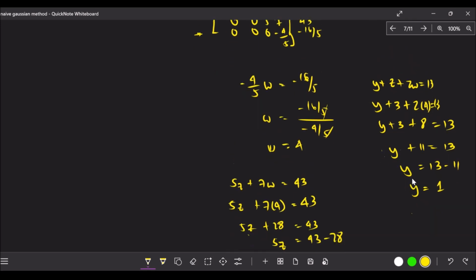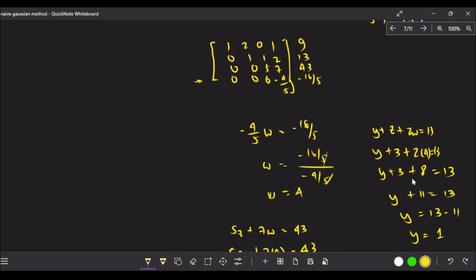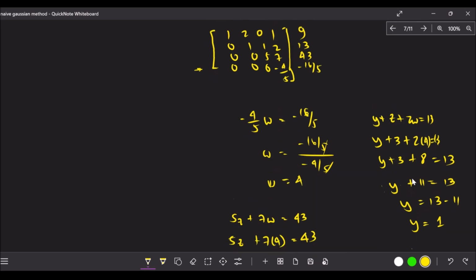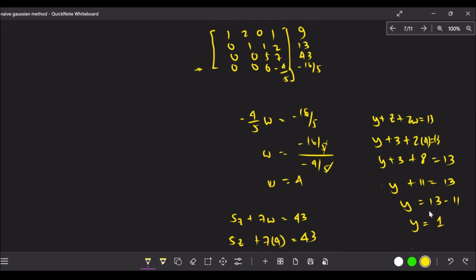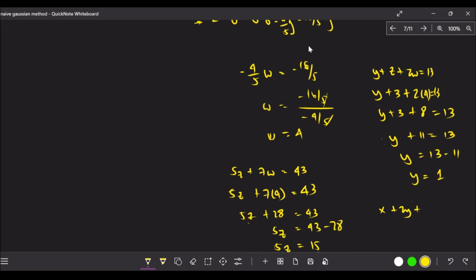For the x, we are using row 1. So that will be x plus 2y. We don't have z. So plus 1w, and W is equal to 9.